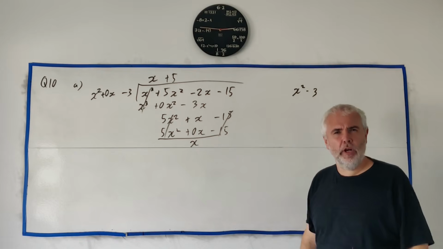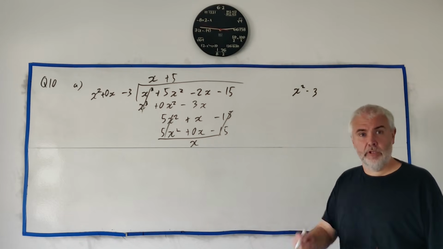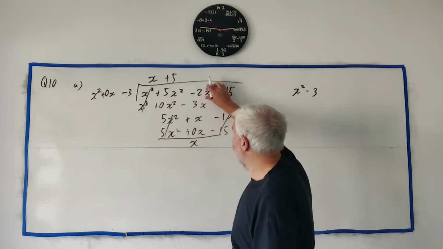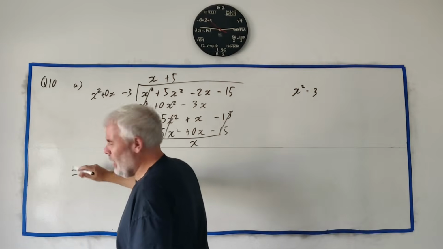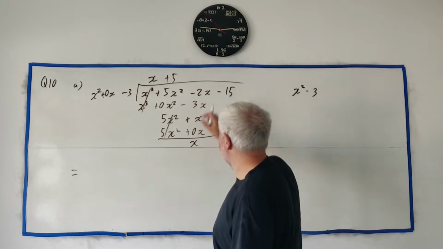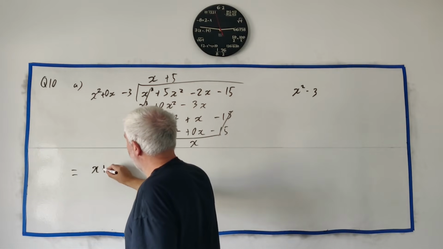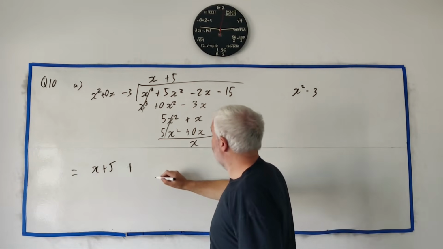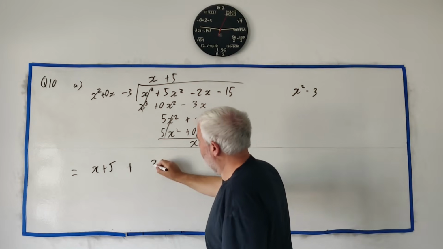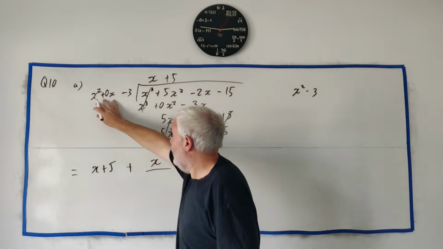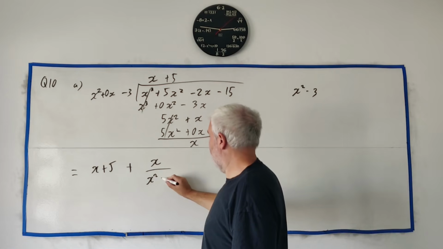And another way to write all that information, which is going to be useful in the next part, is this divided by this. I won't write it out again, too many things, but this divided by that is equal to x plus 5 plus the remainder divided by this guy, x squared minus 3.